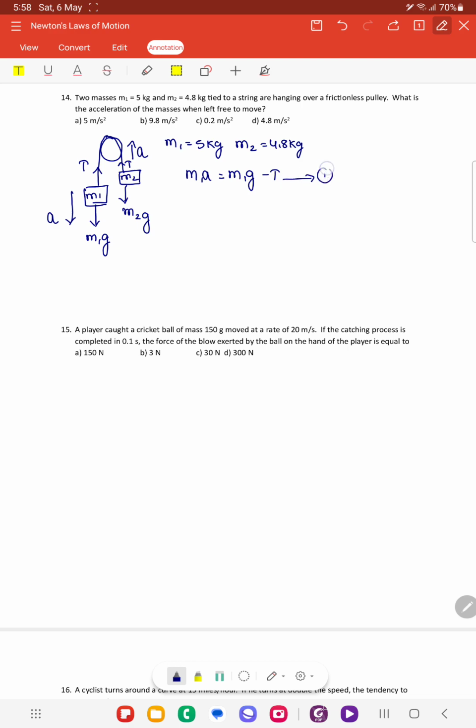So we can write the equation as m2 into a is equal to, along the direction of a we have T, that is T minus m2 into g.